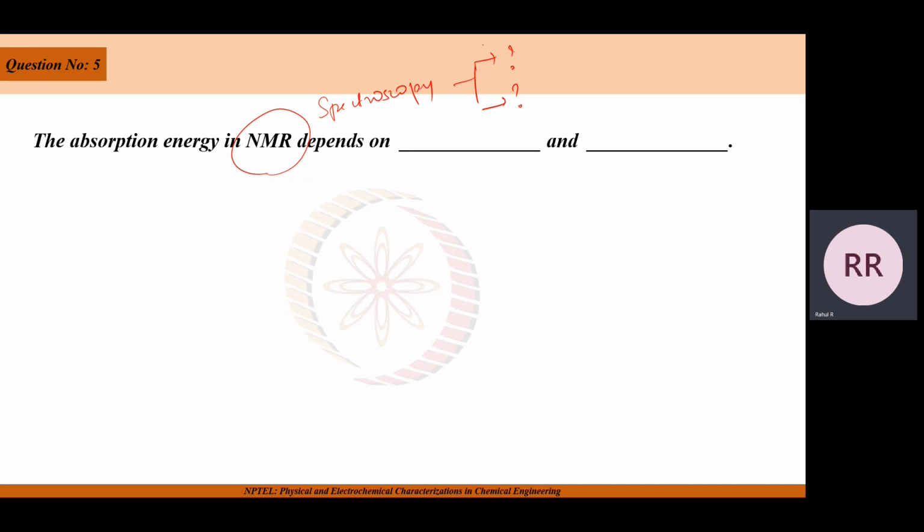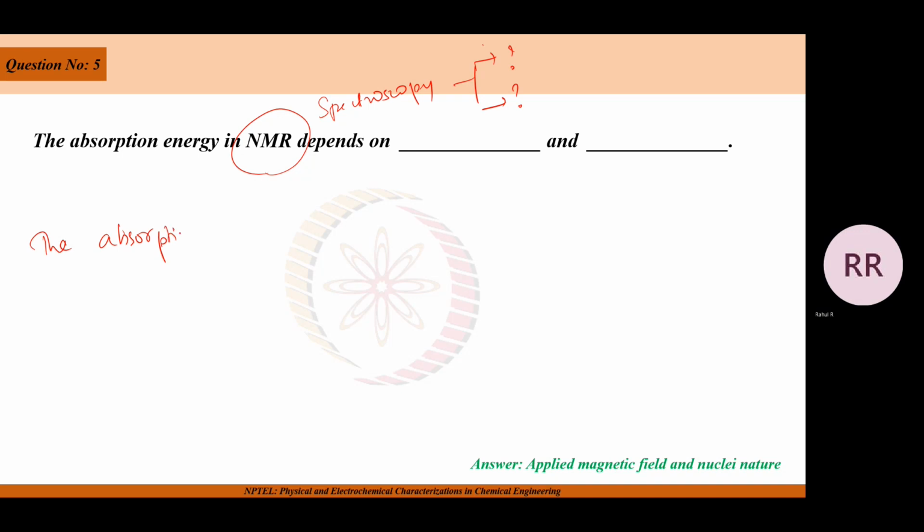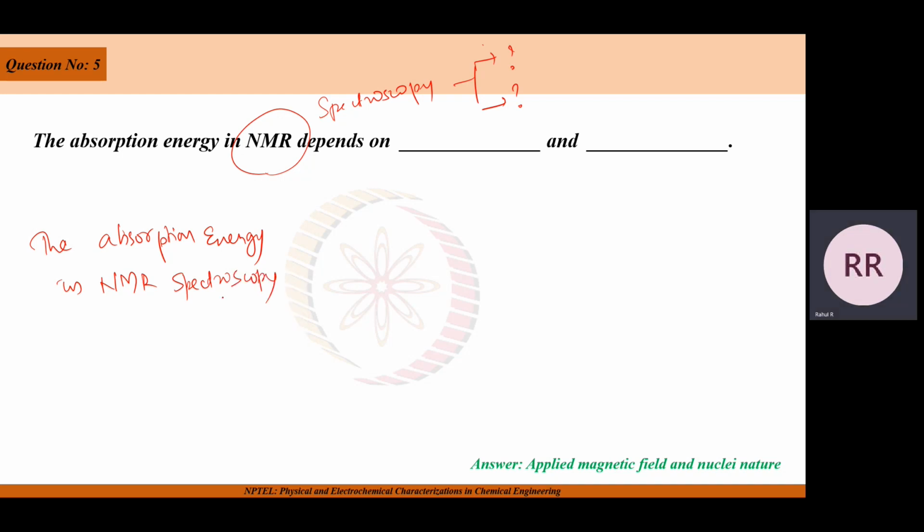Okay, now I think you guys got enough time to think about the answer. The answer to this question is applied magnetic field and the nuclei nature. As I told you, the absorption energy in nuclear magnetic resonance spectroscopy depends majorly on two factors.